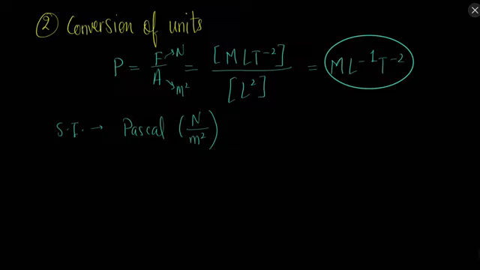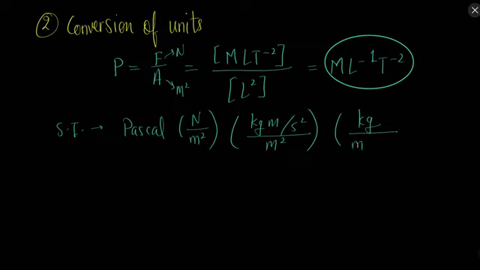So Pascal is 1 Newton per meter square, and Newton per meter square can also be written as kilogram meter per second square upon meter square. It will come out to be kilogram per meter per second square.